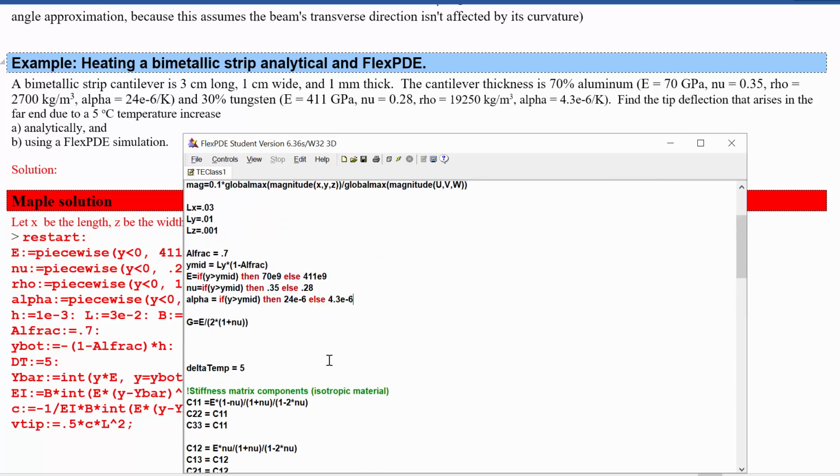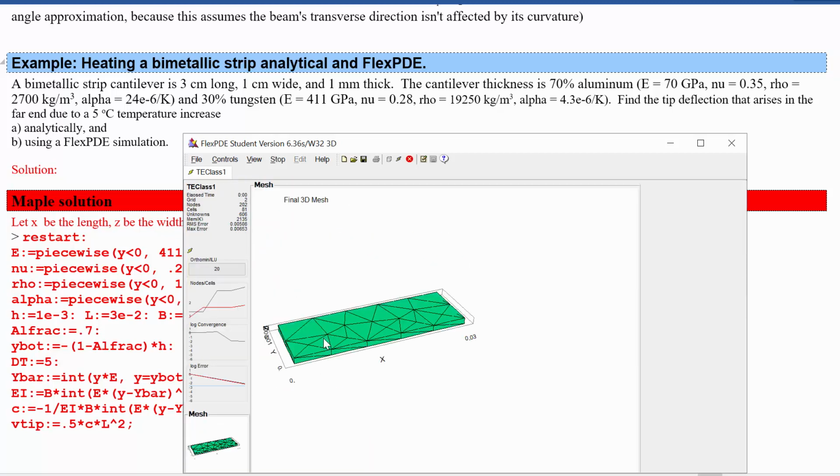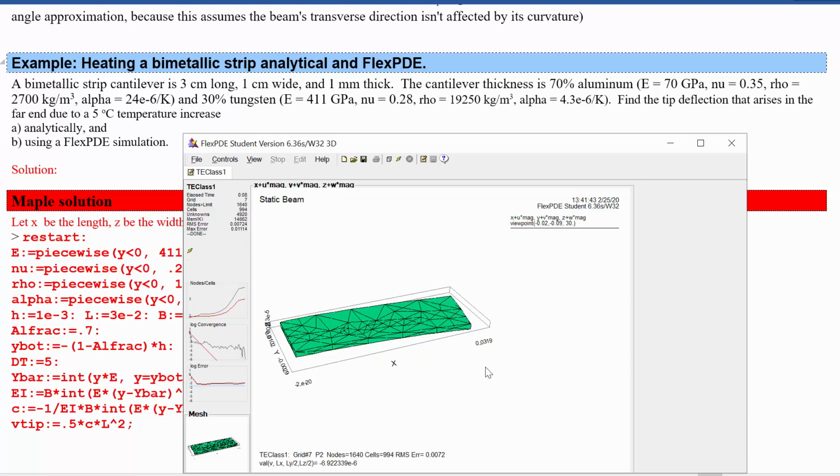Okay, so let's check if we get some curvature. We're expecting 66 microns if everything is all perfect. Let's see what we get. Okay, it seems like I've mixed up Y and Z in setting up the dimensions of this object, because this is a very different bending of stuff than we expected.